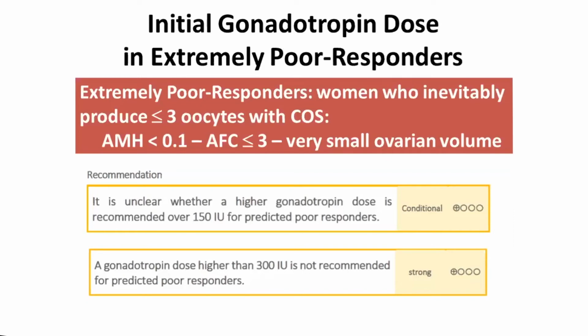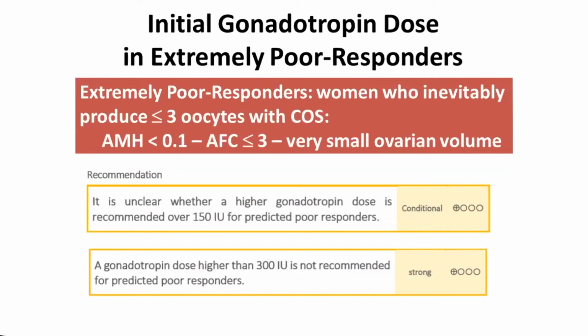So in calculation of the dose for the poor responders, weigh the benefit against the risk. If you have parameters that predict extreme poor response, do not increase the dose. But if you have parameters like the age, AMH is low but not below 0.1, the intrafollicular count is below 7 but not below 3, if you have adequate ovarian tissue volume by ultrasound, you can increase the dose.